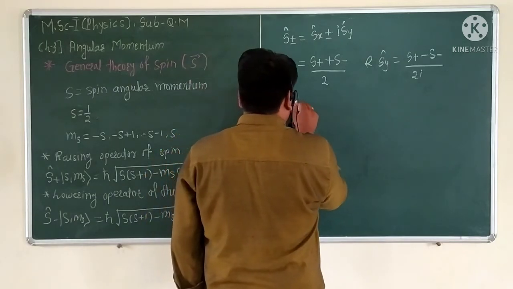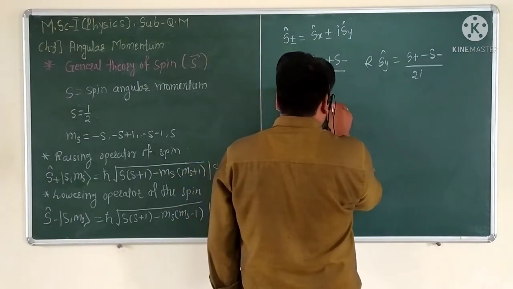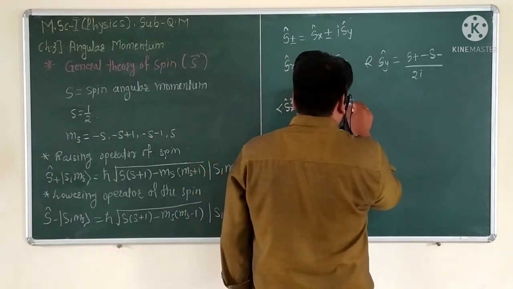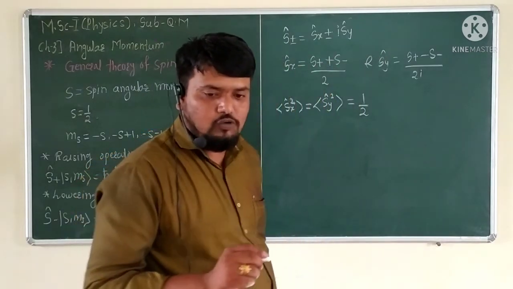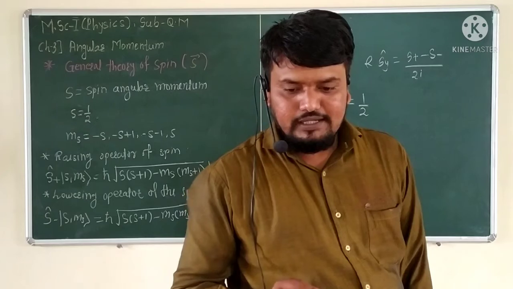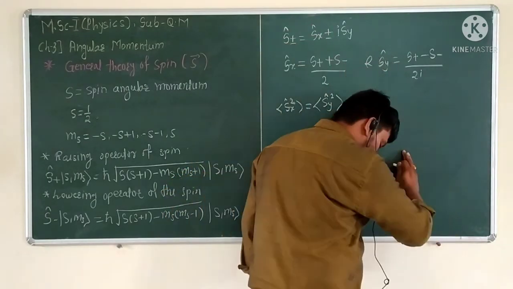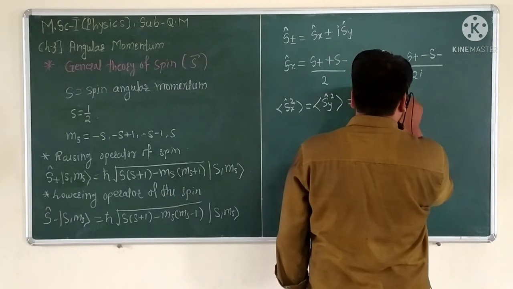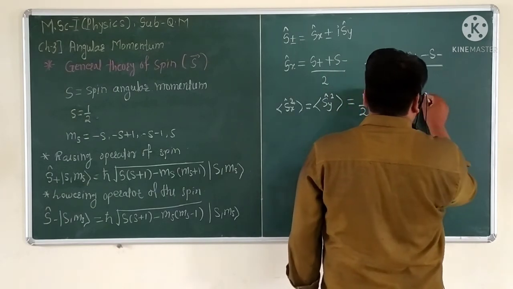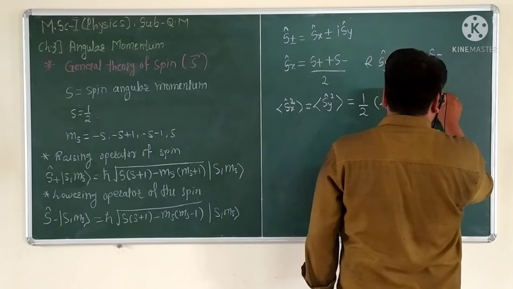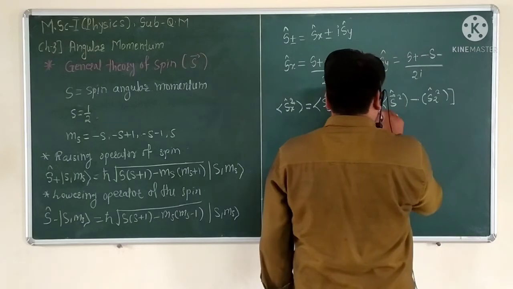Sx cap square is equal to Sy cap square, and this is nothing but half of the expectation value of S square minus the expectation value of Sz square.